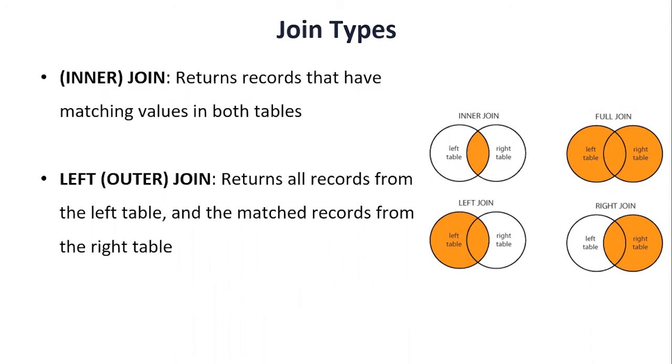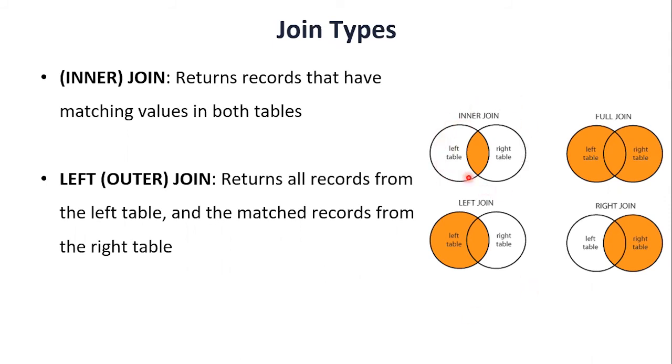The first one would be the inner join, or just sometimes we call it just join, and that returns the records that have matching values in both tables. If you look at this diagram, that would be clear.